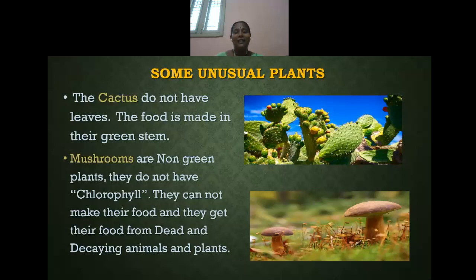During the rainy season, we can see the mushroom in wet places only, in moist places. What is the color of the mushroom? Mushroom is colorless. Why colorless? They do not have chlorophyll. That's why mushrooms look colorless. Isn't it? Okay.